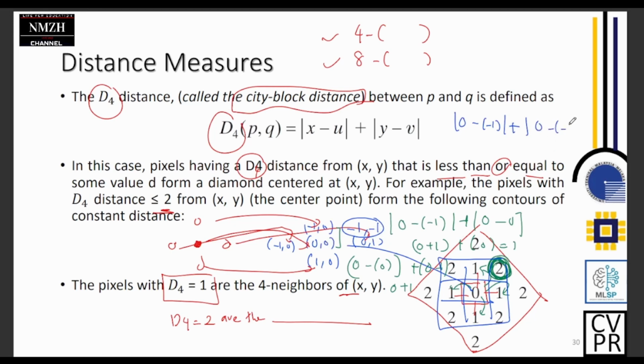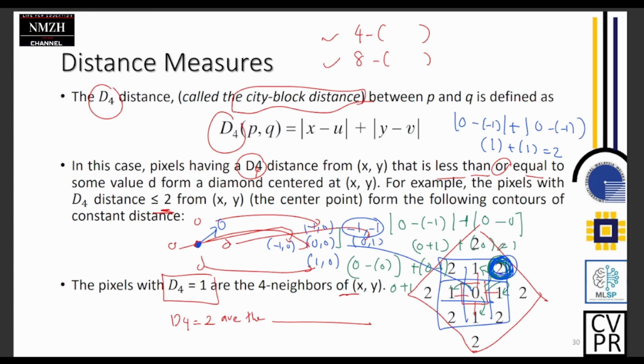The absolute value of 0 minus 1 is 1, plus 1, so there will be 2. That is the reason why from this pixel to this pixel, the distance of P and Q is stated as 2.